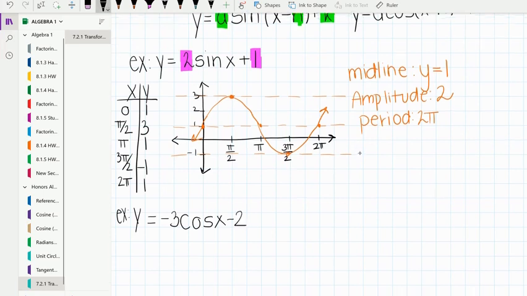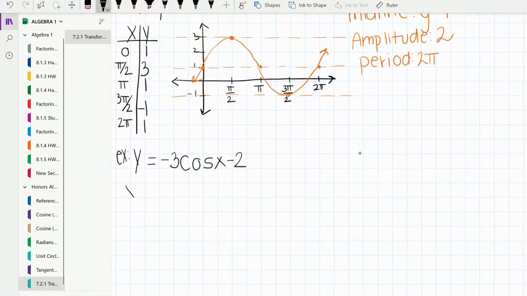Okay, so again, I'm going to use my reference points from the original cosine parent function. So once again, nothing is affecting the x, so we use our same x values. And then for the y values, we have to multiply them by negative 3 and then subtract 2.